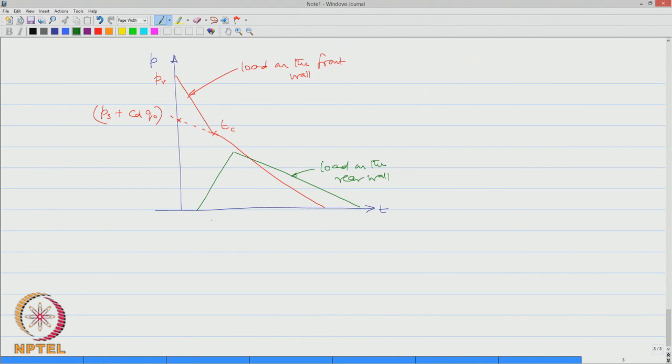We know that this value is B L by U. So, we are now looking for a net loading which is indicated by the hatched portion. So, this is the net load which is acting on the frame.